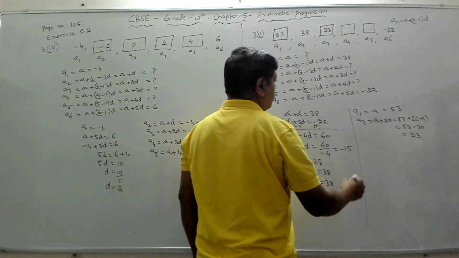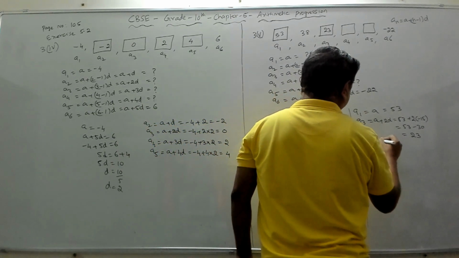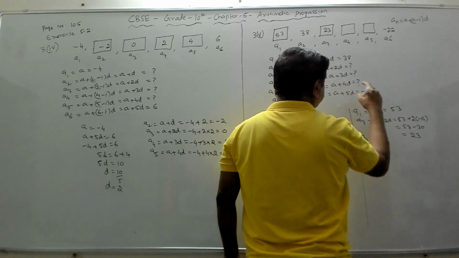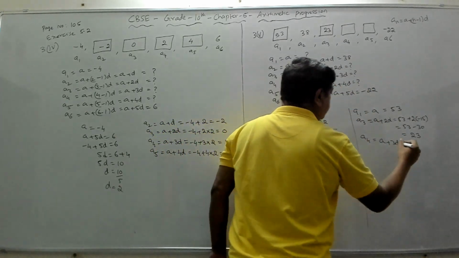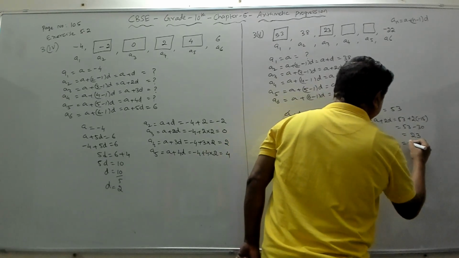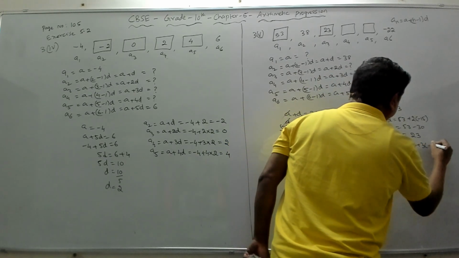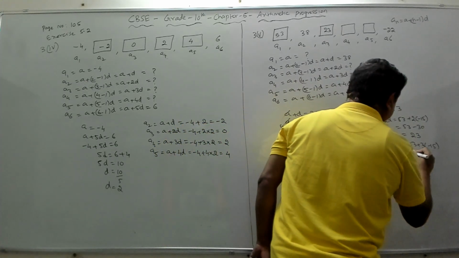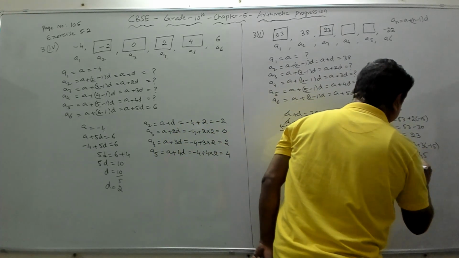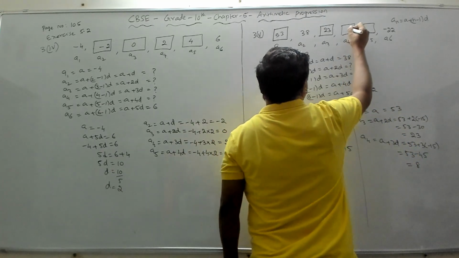Fine. Now A4 is A plus 3D, that is equal to 53 plus 3 into minus 15 because D is minus 15. So you get 53 minus 45, which is 8. So this becomes 8.